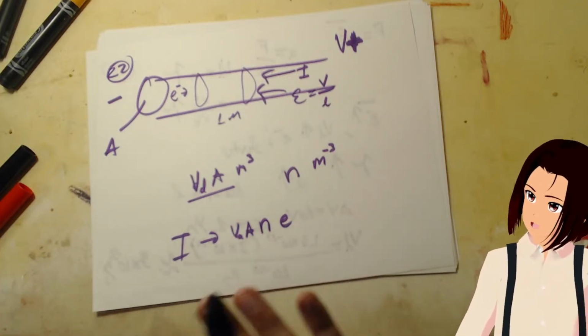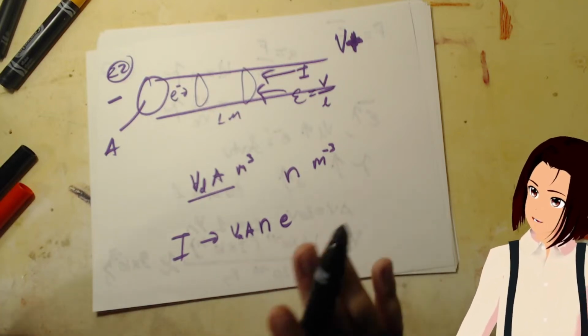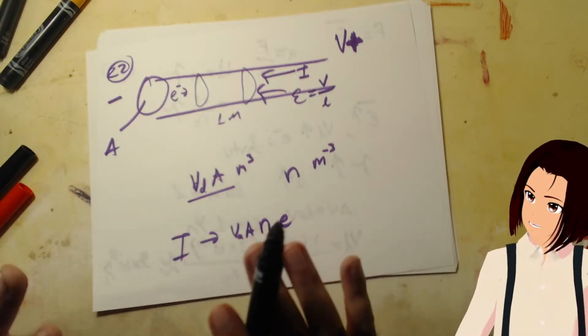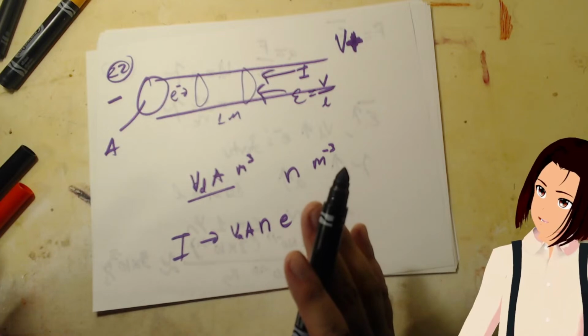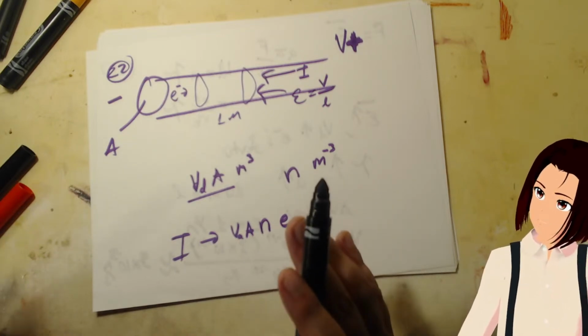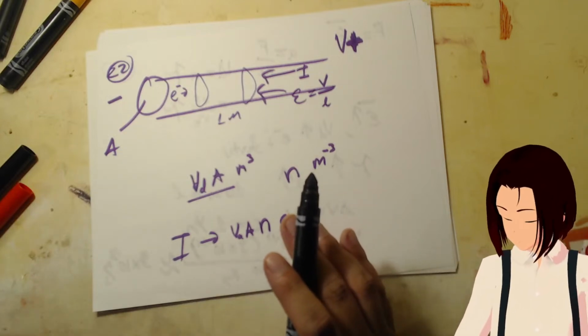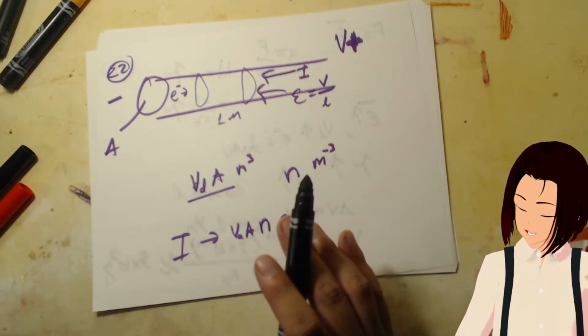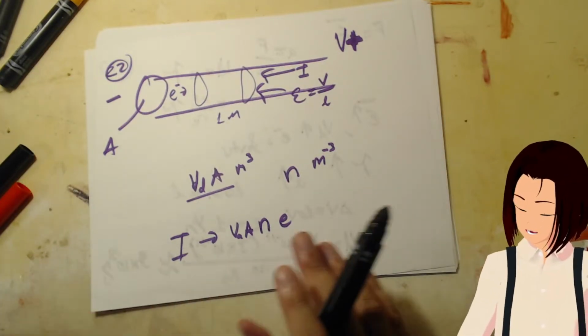You're not going to go find out the current or the number of electrons going through a certain cross section. All I'm trying to show you is how Ohm's law is generated. I'm not trying to derive Ohm's law, just show you the idea.